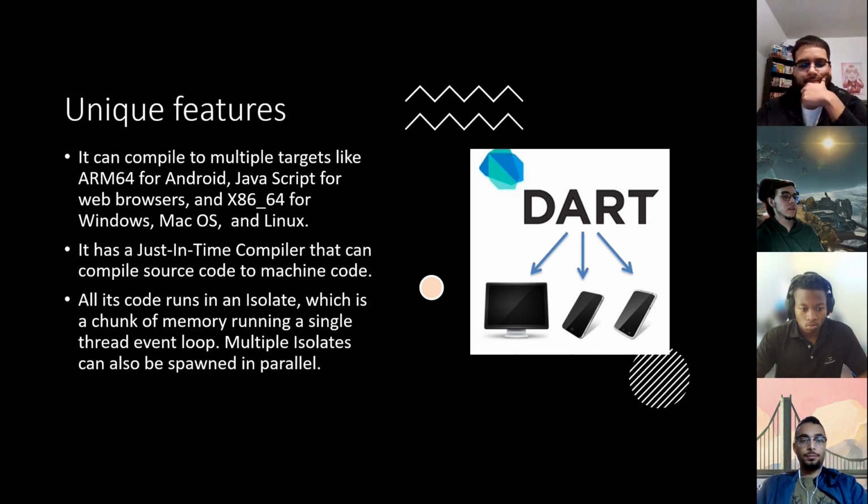It has a just-in-time compiler, which can compile your source code to machine code, and its code runs in isolates, which are chunks of memory running a single thread in an event loop, and multiple threads can also be run in parallel.